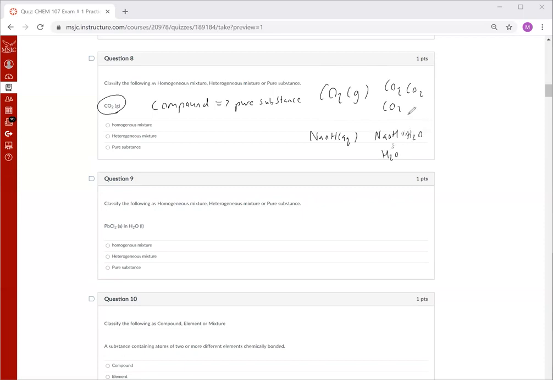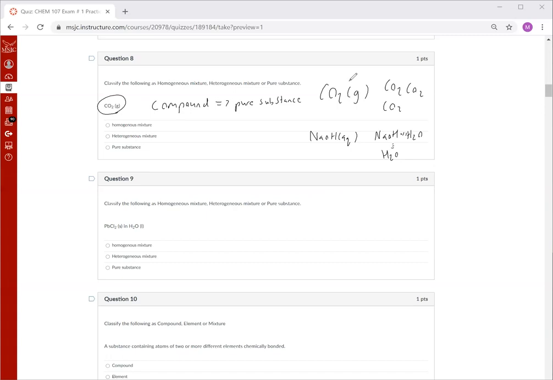So we have multiple unique pure substances mixed together when we have an aqueous species. While if it's in the gas phase, solid phase, or liquid phase, the only component is just our single pure substance. Does that make sense?